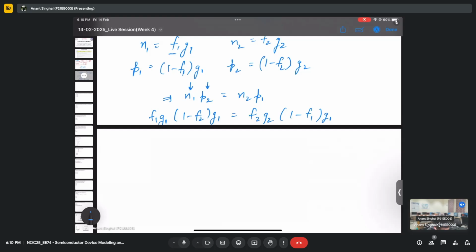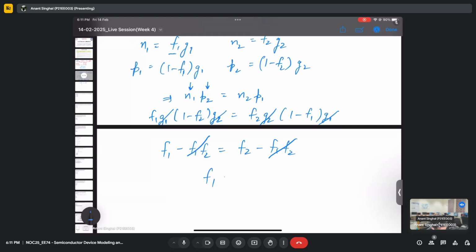If you expand it, first of all G1 and G2 get cancelled out. What I am left with is F1 minus F1 F2, and this is F2 minus F1 F2. So I can cancel it.